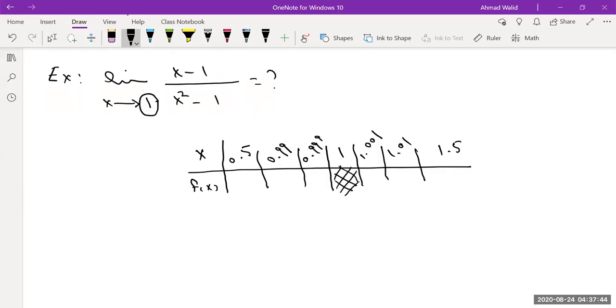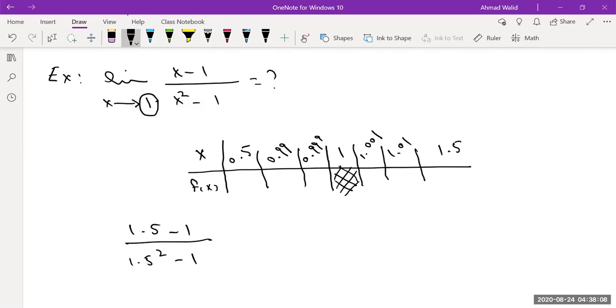If you plug 1.5 into this function, I'll just do one of them, then the rest I'll just fill in, but you can do it at home with your calculator. If you plug in 1.5, you get 1.5 minus 1 over 1.5 squared minus 1.